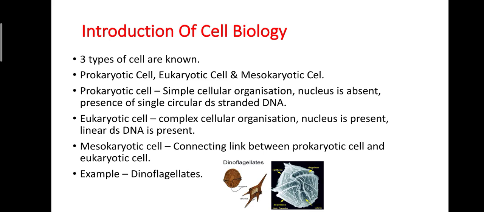In the traditional concept of biology, two types of cells were known: the prokaryotic cell and the eukaryotic cell. But in the modern concept of biology, it is believed that there are three types of cells: prokaryotic, eukaryotic, and mesokaryotic. In today's lecture, we just introduce the three types of cells and the basic differences between them.